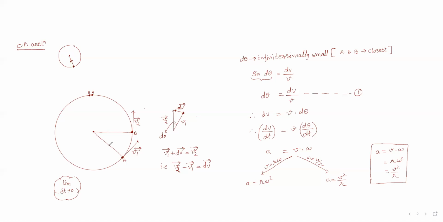So we can simply say that if this is the direction of centripetal force, this will be the direction of acceleration, which is exactly opposite to the direction of the radius vector. Hope this is clear to all.